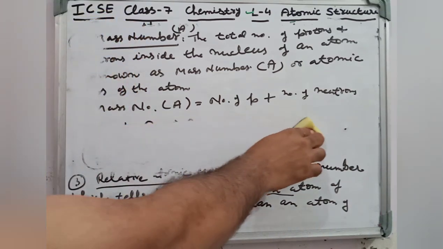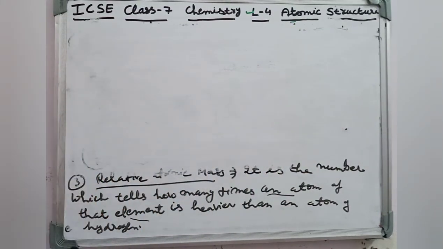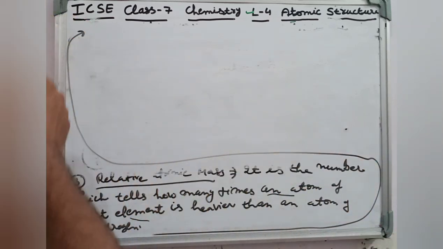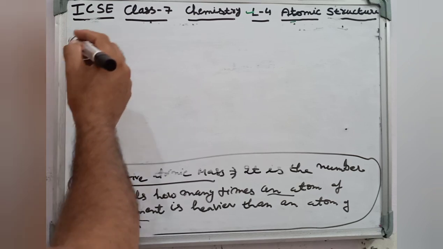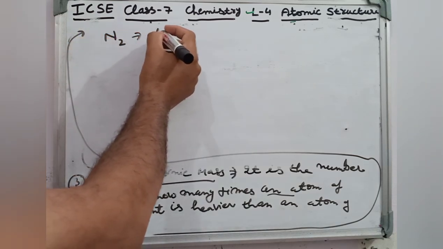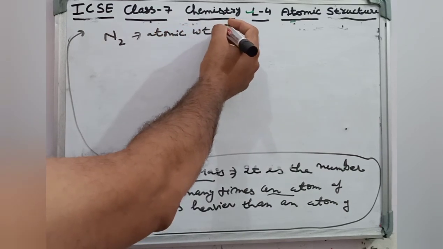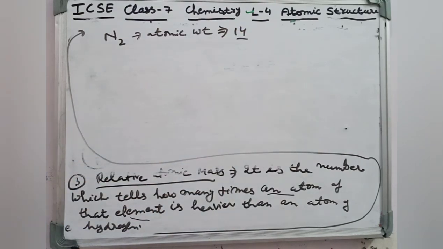So what does this mean? Here I am going to explain it further. Suppose, as we know, the atomic weight of nitrogen is 14. What does this mean?